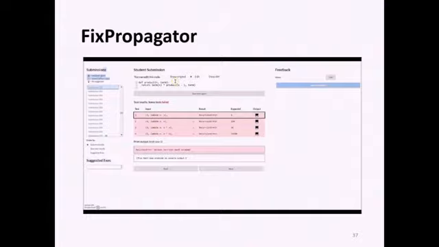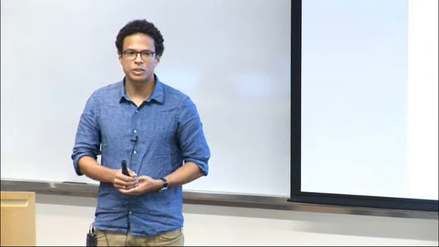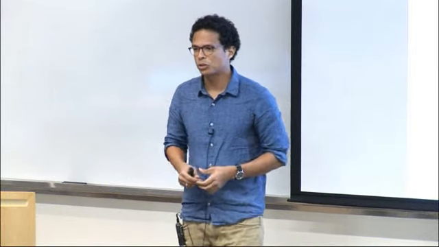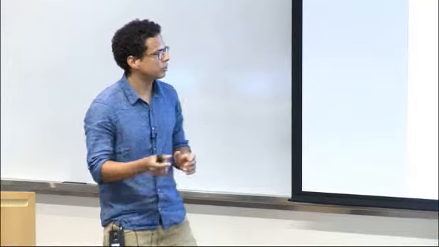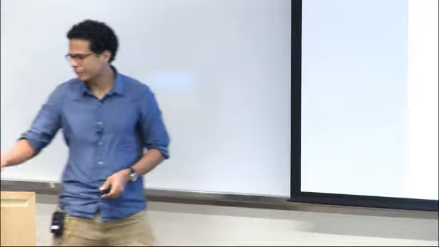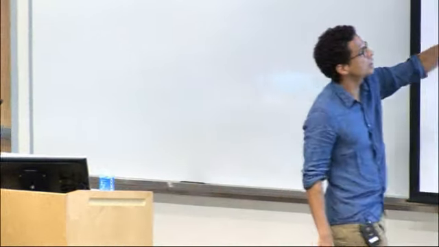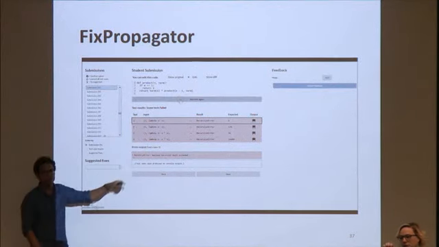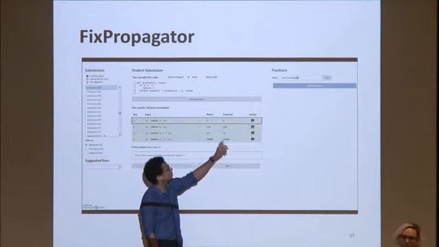The other tool that we developed was for a scenario where you don't have examples. For instance, in an exam, the students submit the code only once, and then you don't have these pairs of correct and incorrect code to learn from. So in this case, the teacher can fix the code themselves, run the tests, see them pass, and write the feedback.